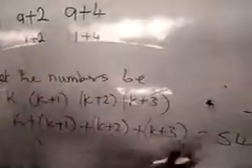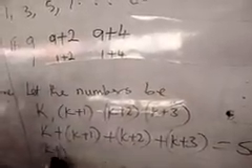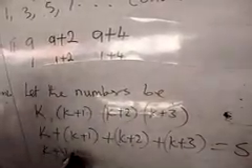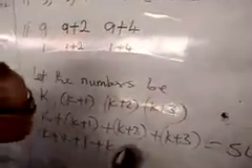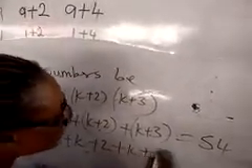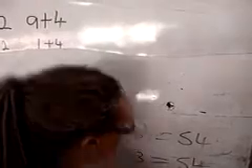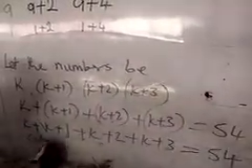Now open the bracket. When you open these brackets, you have what? K plus 1 plus K plus 2 plus K plus 3 is equal to what? 54. The next thing you have to do, collect like terms.